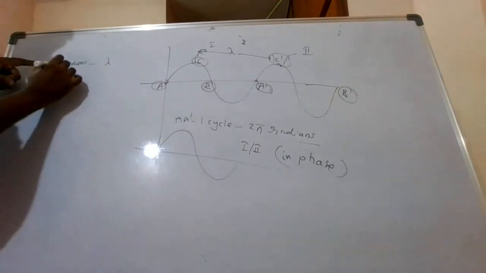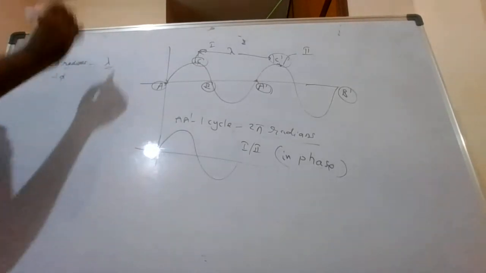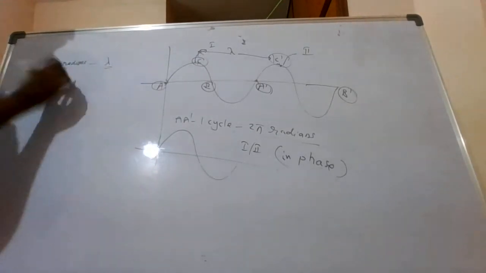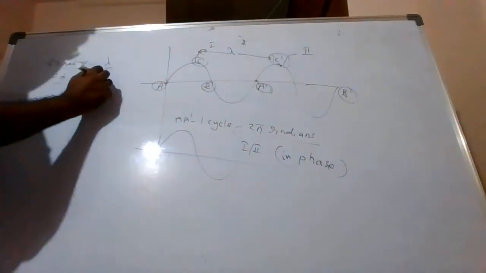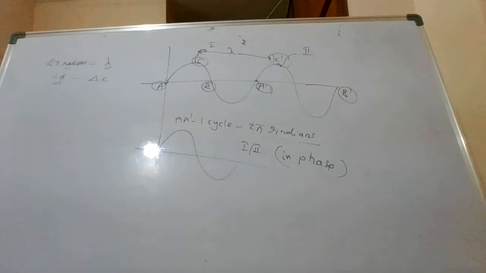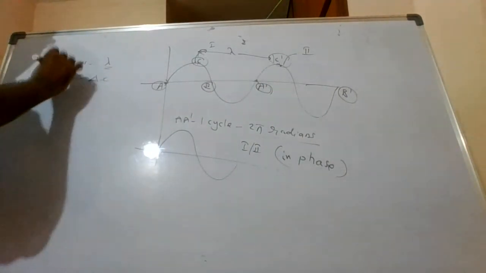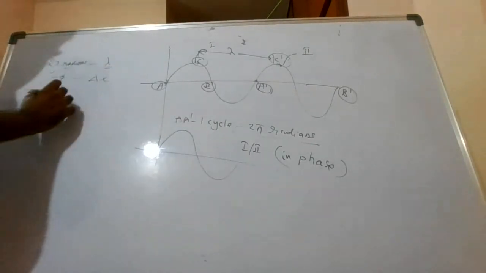See, when the phase difference is 2 pi radians, the distance is lambda. When the phase difference is delta phi, let us say the distance was delta x. So we have to find out what is delta phi. Cross multiply.